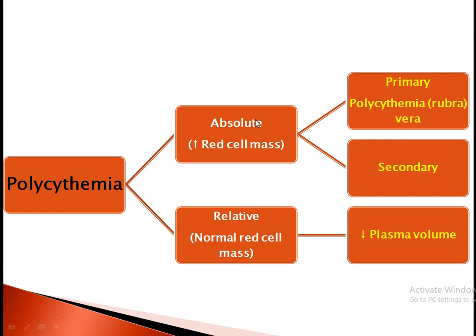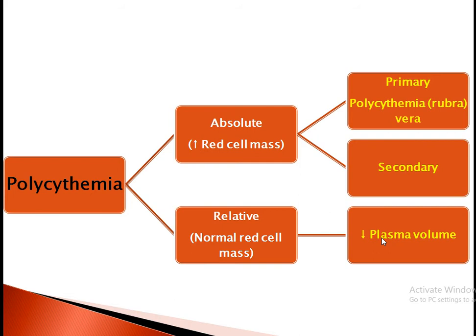In the absolute type, we have primary polycythemia vera or secondary, and in the relative type the plasma volume is lesser. So the volume in which the RBCs are present is relatively lesser, and because of that they become much more.